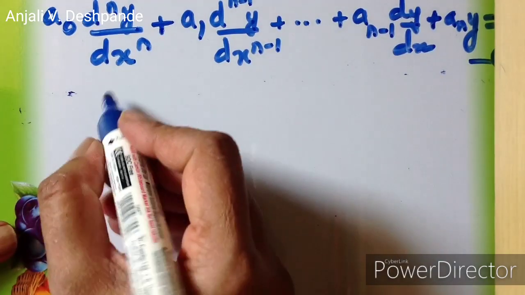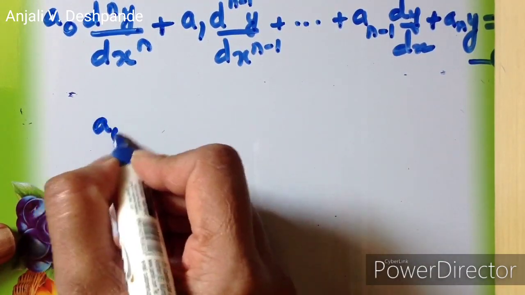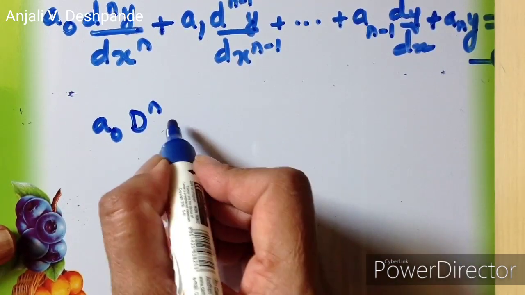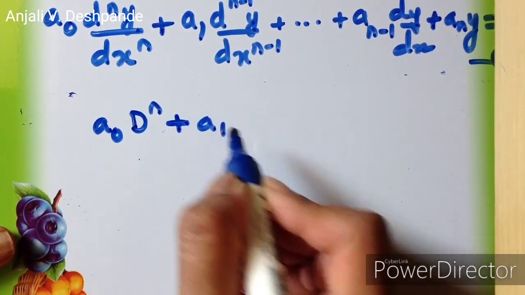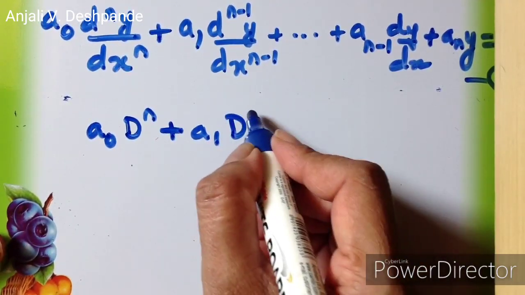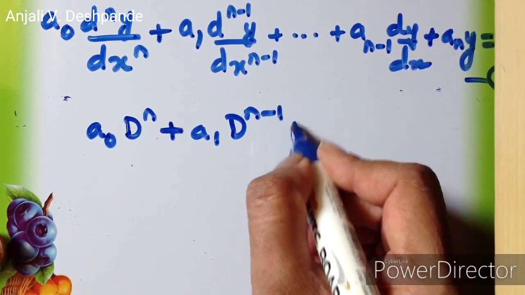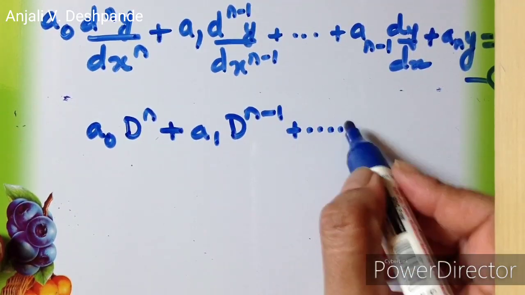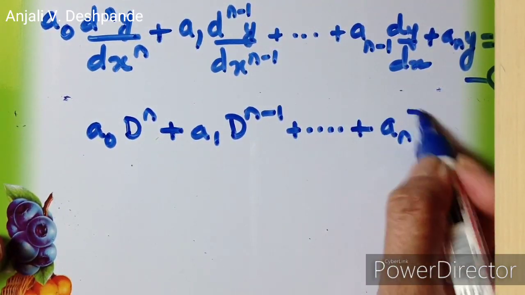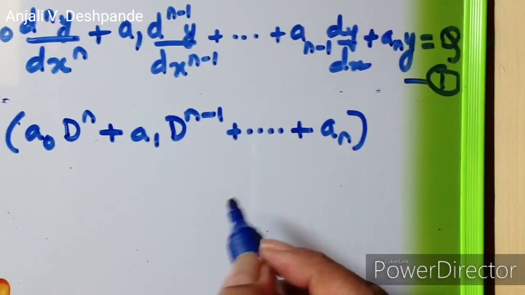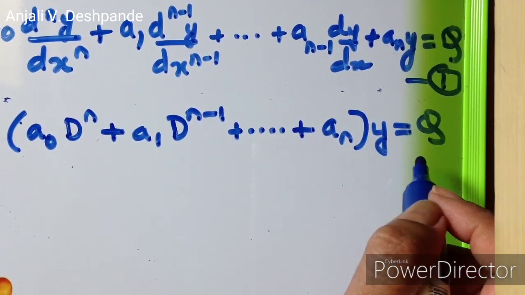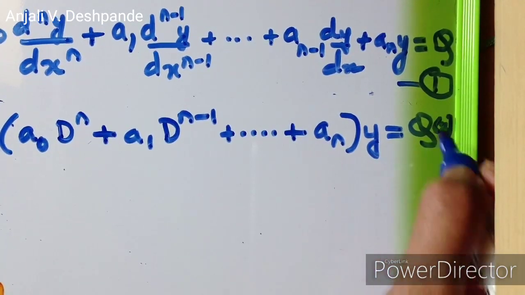So now this equation can be written like this: a naught D raised to n plus a1 D raised to n minus 1 plus and so on plus up to the last term, that is an, and we are going to take the y outside and write this as Q, which is of course a function of x.